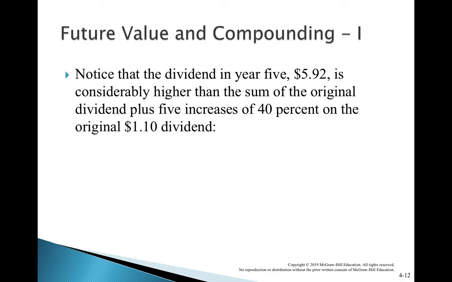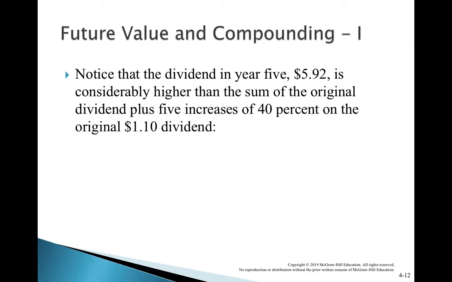Notice that the dividend in year 5, 5.92, is considerably higher than the sum of the original dividend plus 5 increases of 40% on the original $1.10. Isn't it, students?